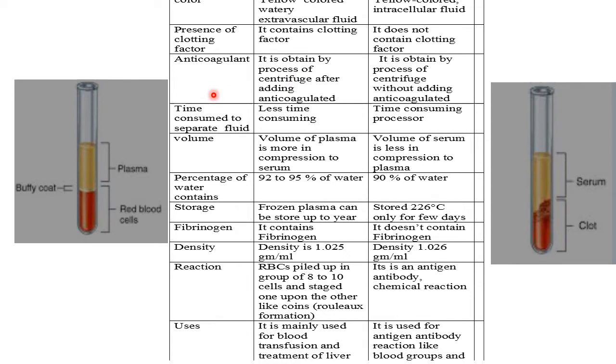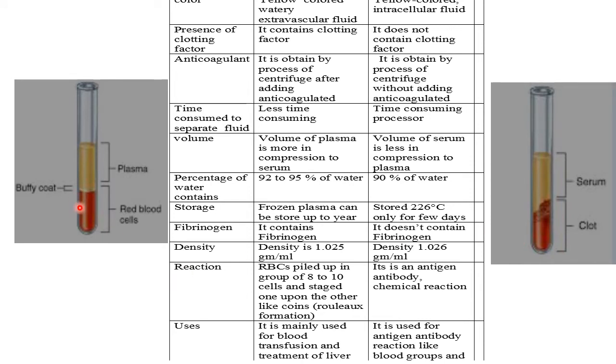So we use an anticoagulant here to obtain plasma. For serum there is no need of adding any anticoagulant because there is already an antigen and antibody reaction. We want this to be an antigen and antibody reaction.